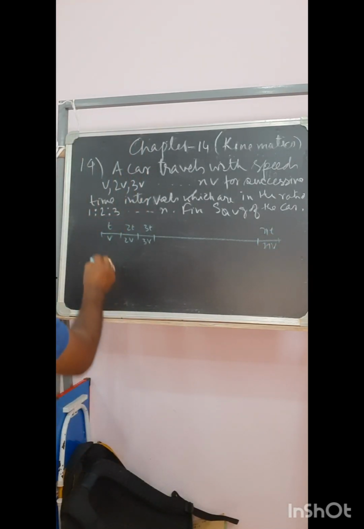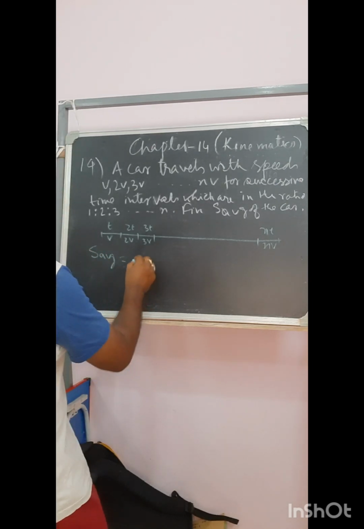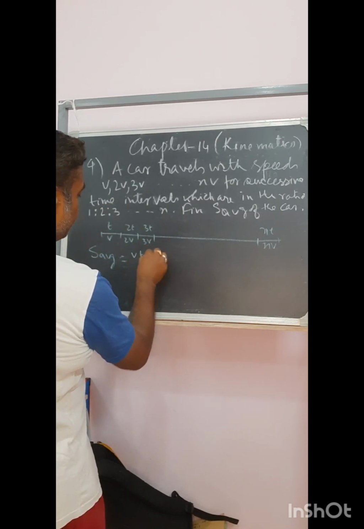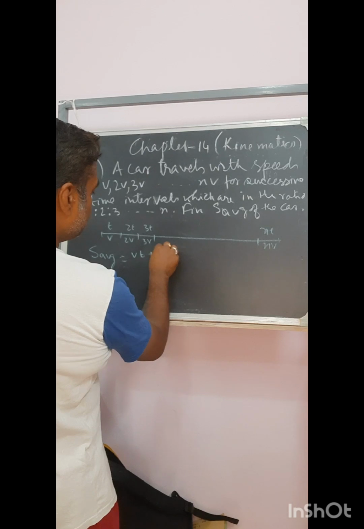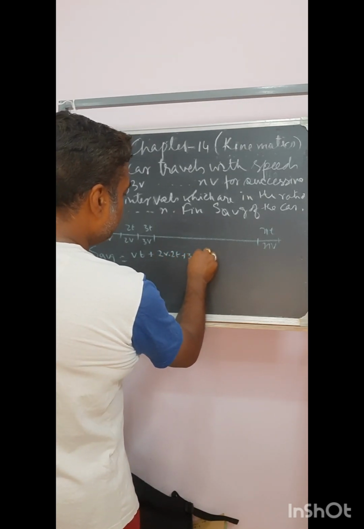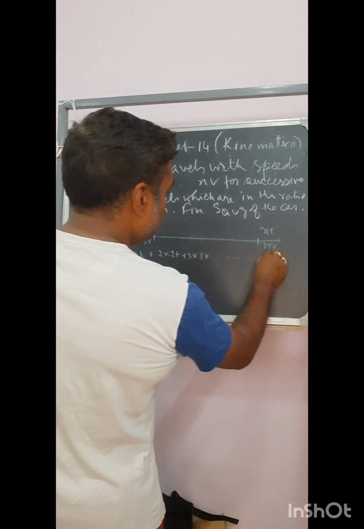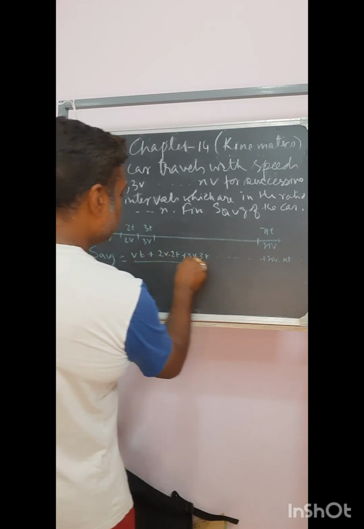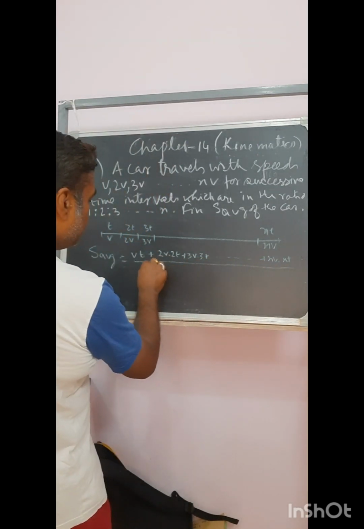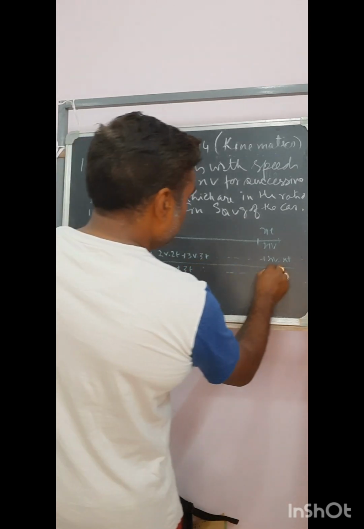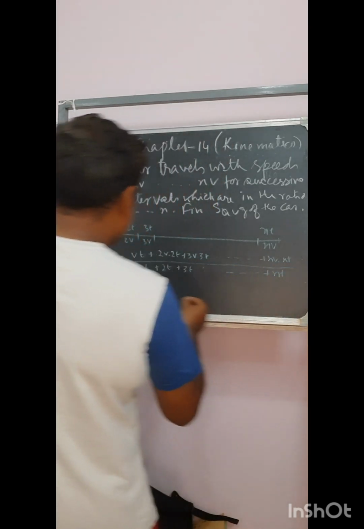So the average speed is the total distance traveled over the total time. The distance is vt plus 2v into 2t plus 3v into 3t up to nv into nt, and the time is t plus 2t plus 3t up to nt.